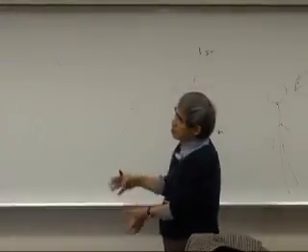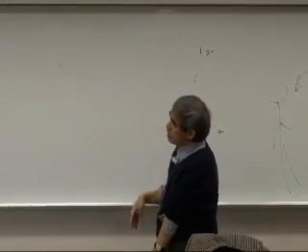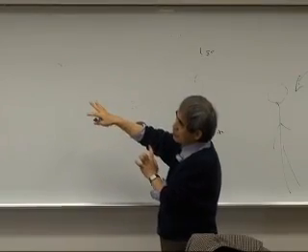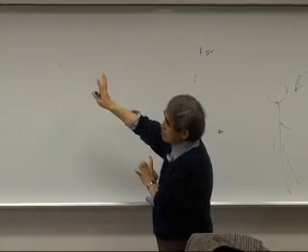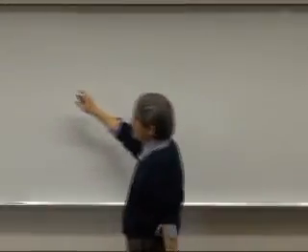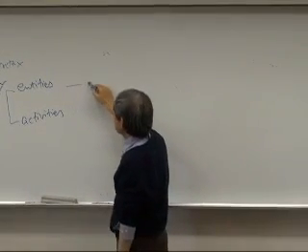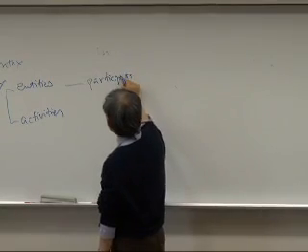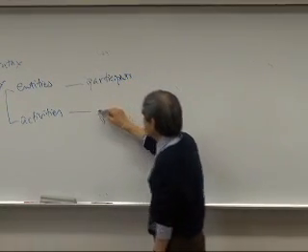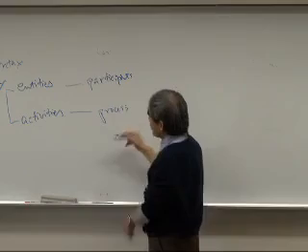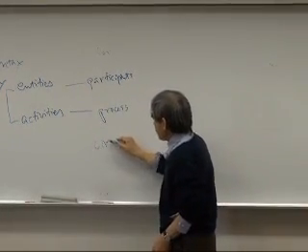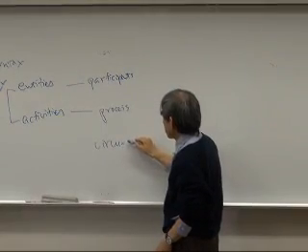This dichotomy is directly reflected in the model of process, participants, and circumstantials. So entities correspond to participants, and activities to processes, and we also have other information about circumstantials.